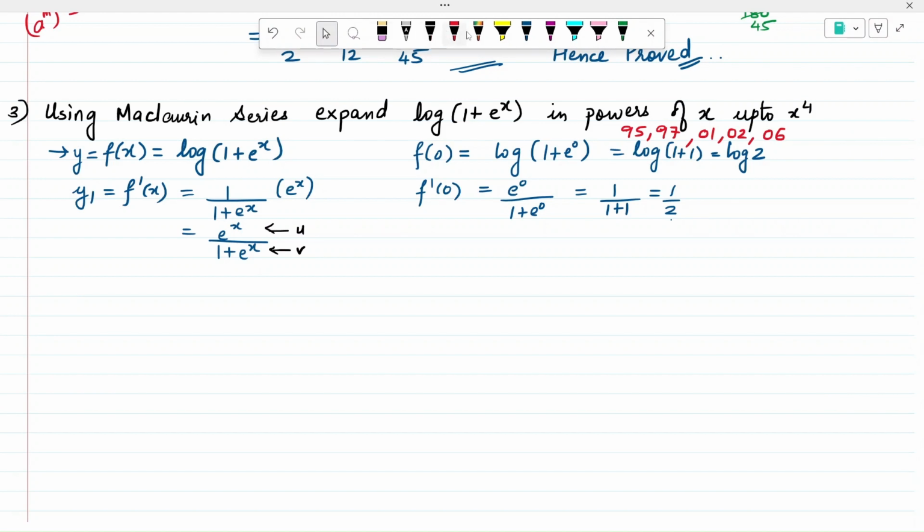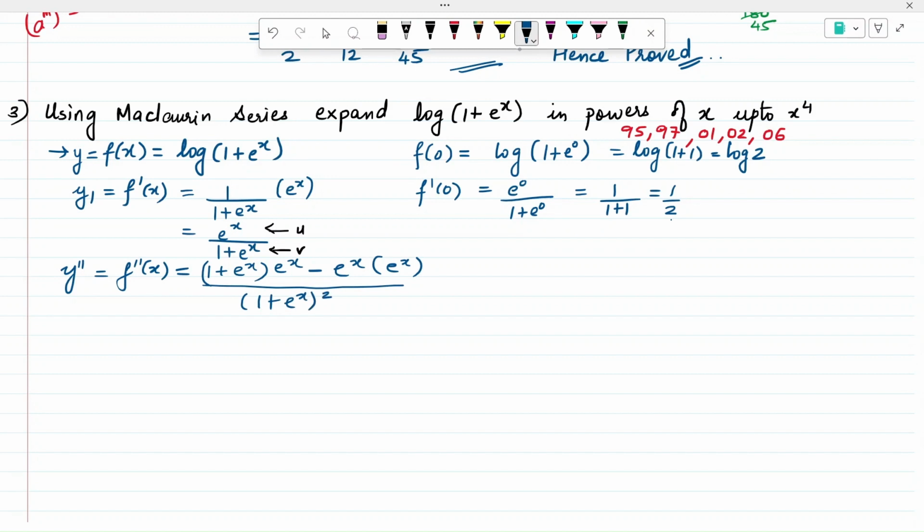Now let's calculate y double dash. To calculate y double dash, we'll have to use the u by v rule. As you can see, the numerator is u and the denominator is v. And we'll apply v derivative of u minus u derivative of v. The derivative of 1 plus e raised to x is e raised to x only. Denominator square, which is 1 plus e raised to x the whole square. Let's open the brackets.